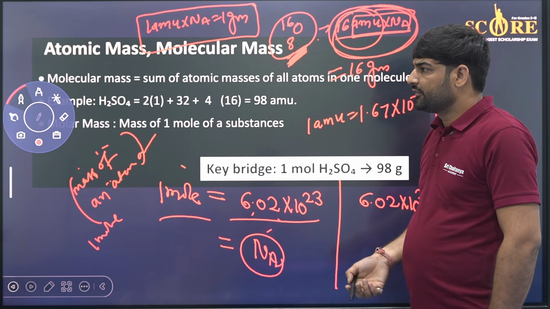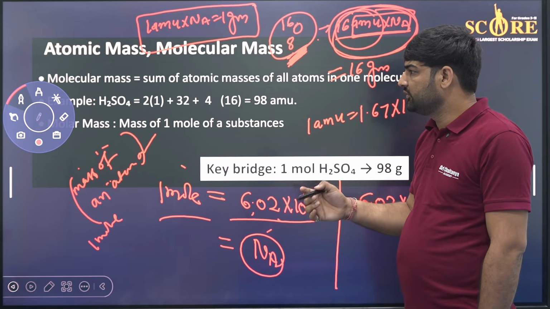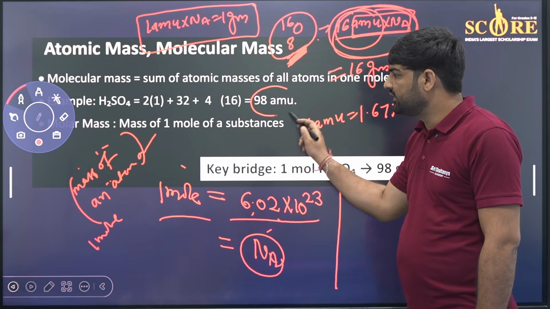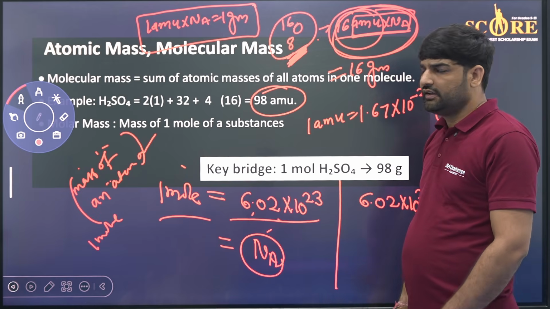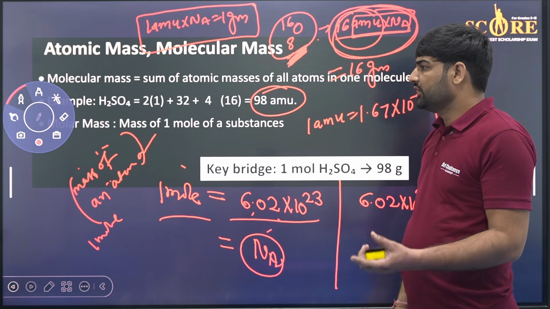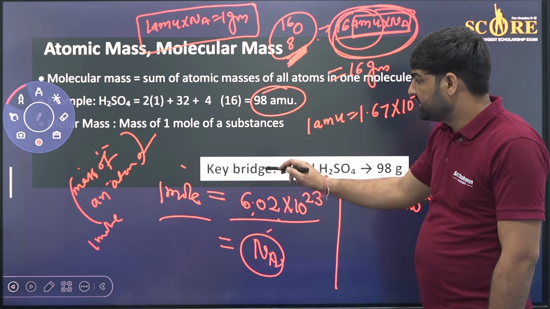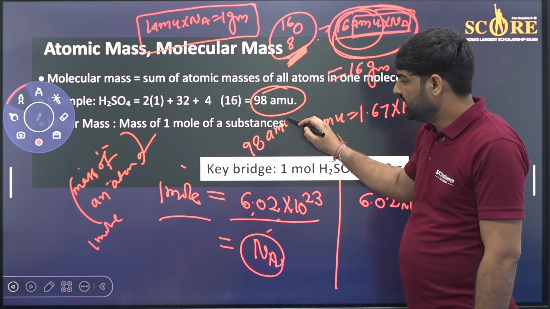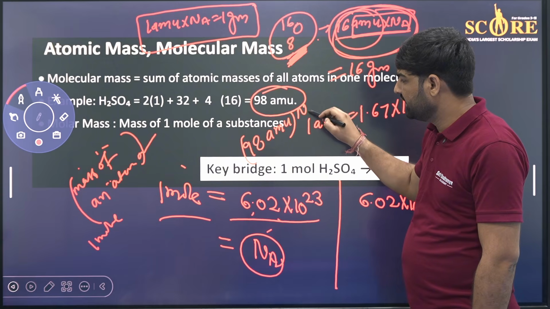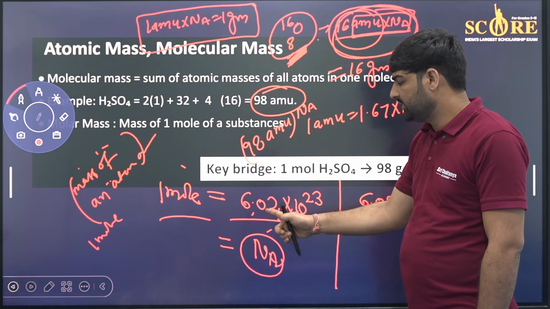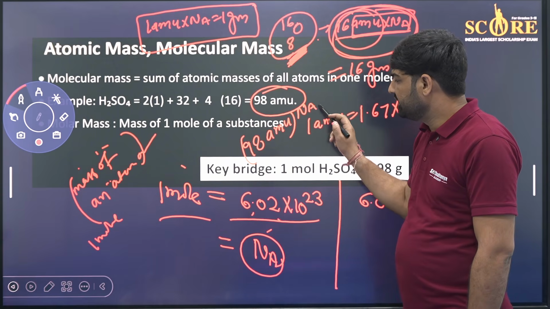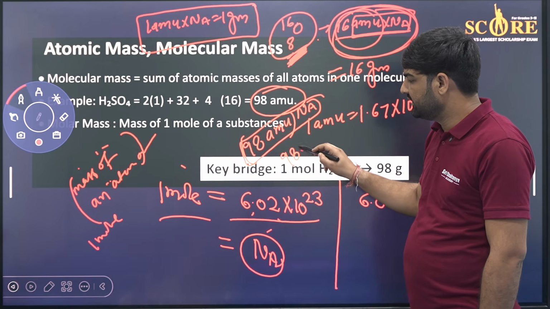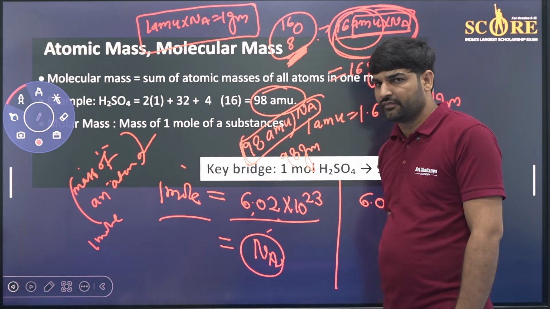For example, if we consider a molecule, then mass of a single H2SO4 is 98 AMU, and mass of Na molecules, that is 1 mole, is the mass of 1 mole. This mass can be written as 98 gram.